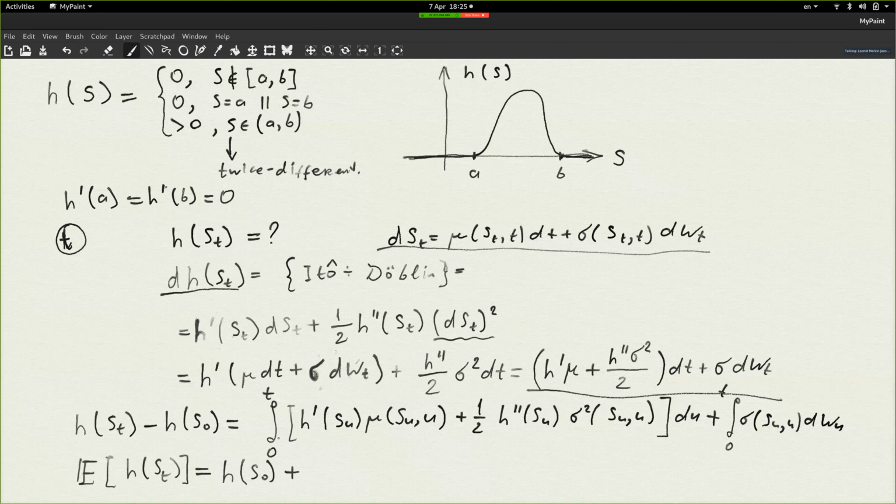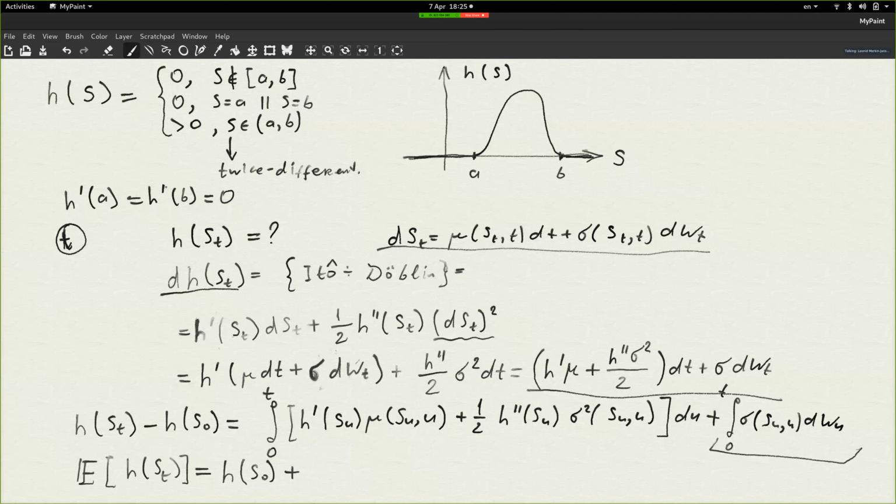Whereas for the last integral, the expected value is 0, because it is an integral over the Brownian motion, which is independent of our process sigma.